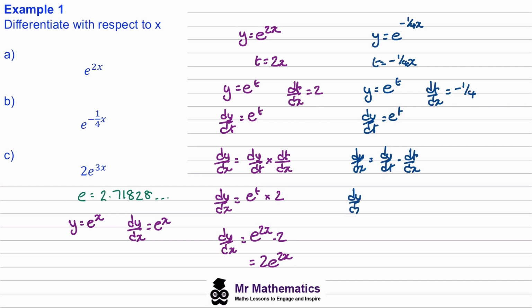So dy by dx will be dy by dt multiplied by -1/4. We can substitute this back into a t, so we get -1/4 multiplied by e to the power of -1/4 x.